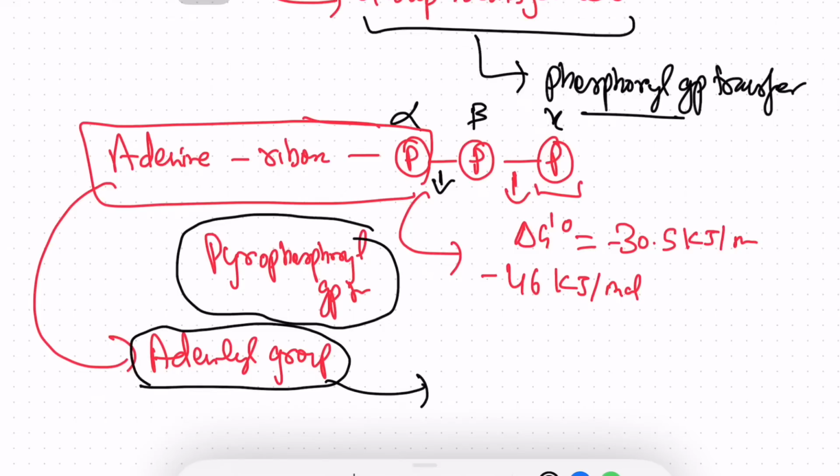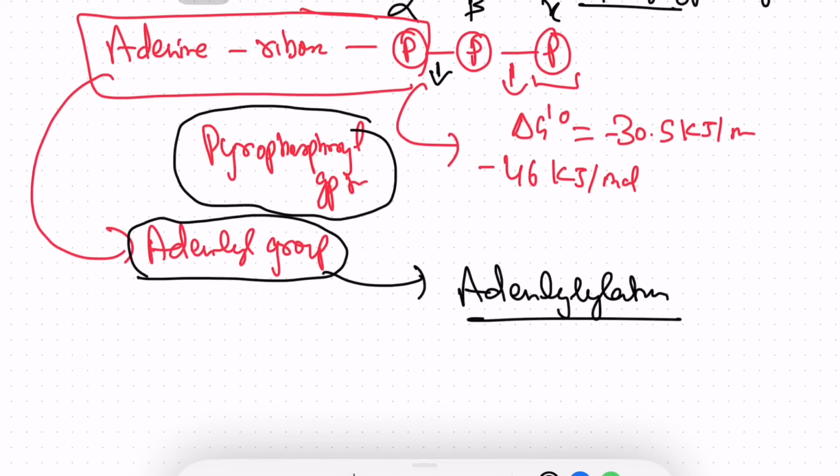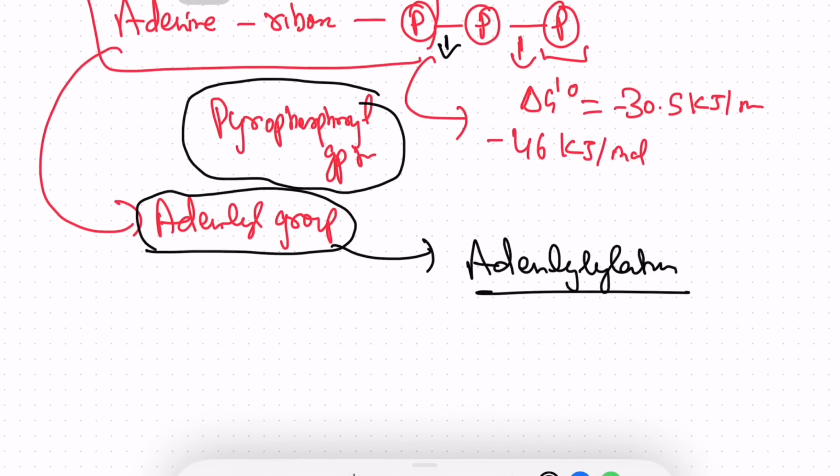A reaction in which you have adenylyl group transfer is adenylation. Adenyl, please check the spelling. So this is adenylation. Now in the case of adenylyl group transfer onto a biomolecule, you see attachment of this adenylyl group, this P, then the ribose, then the adenine.